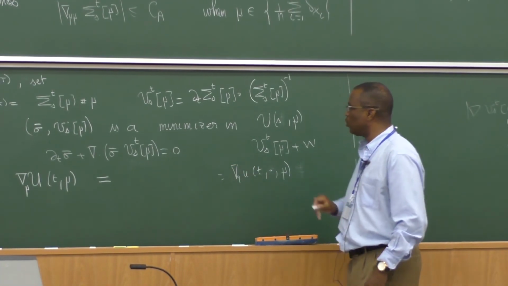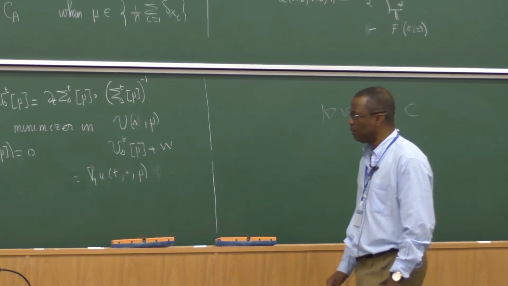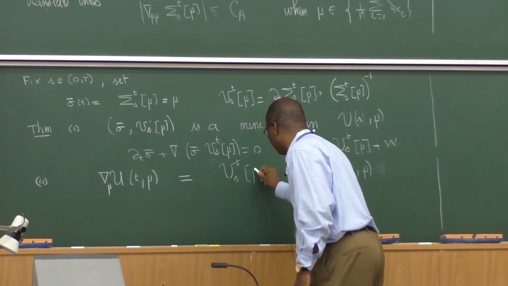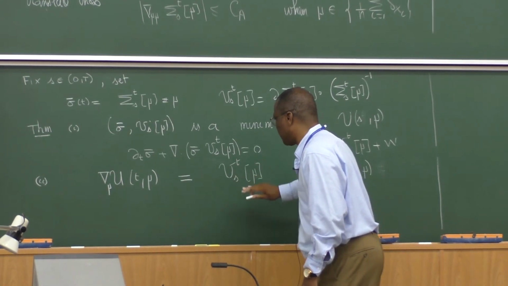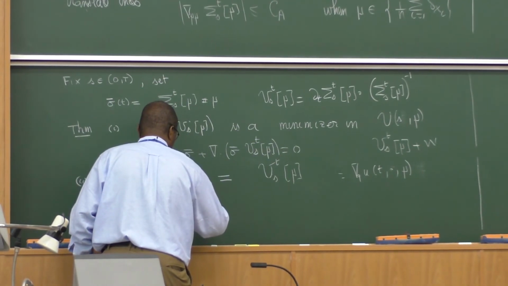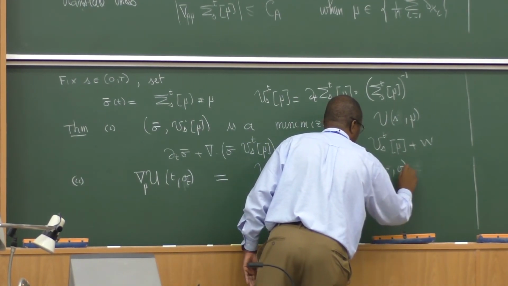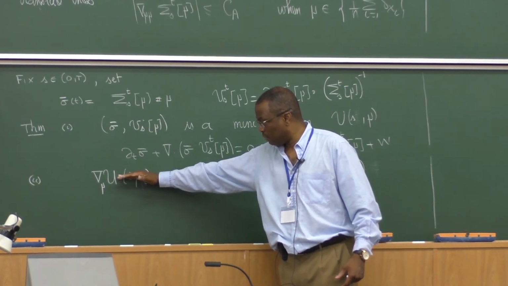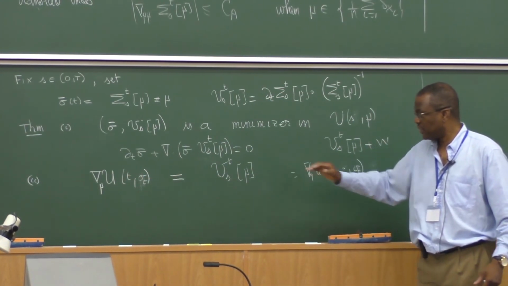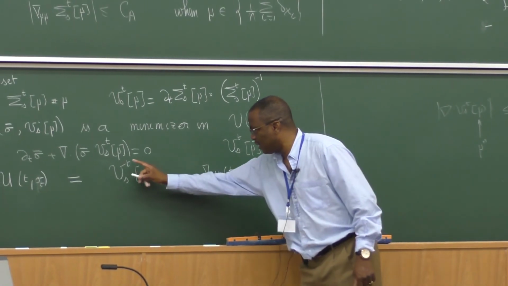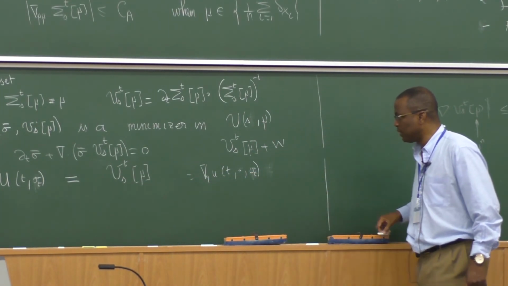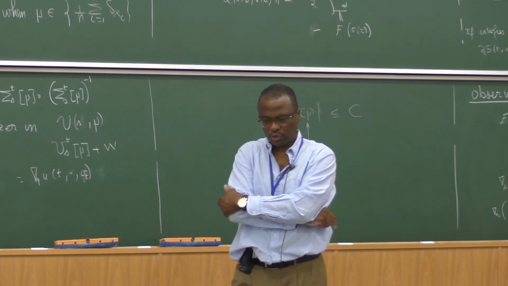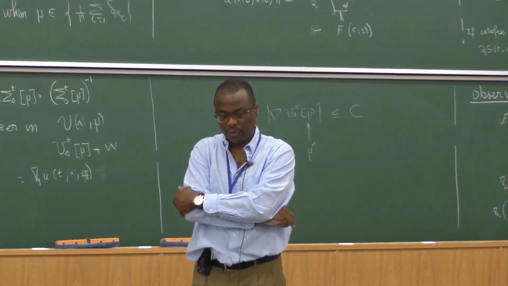For those who are familiar with Hamilton-Jacobi equation, there is no surprise that this is the velocity, sigma t. And there is no surprise that the gradient of the value function equals the velocity of your system. But last time we showed that the velocity of our system is the gradient with respect to q of u, and so you get that the Wasserstein gradient of the value function is the space gradient of u.